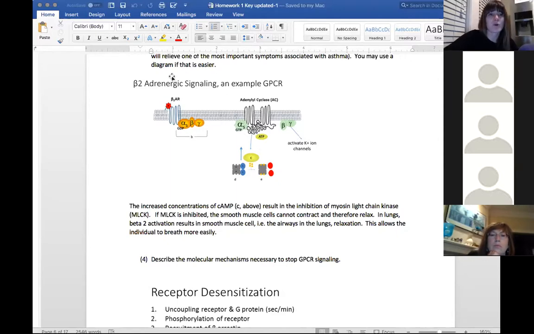Let me see if I can pull up a different picture. I'm trying to think about it in terms of, okay, it's the beta 2 receptor. We're not looking at a muscarinic receptor.